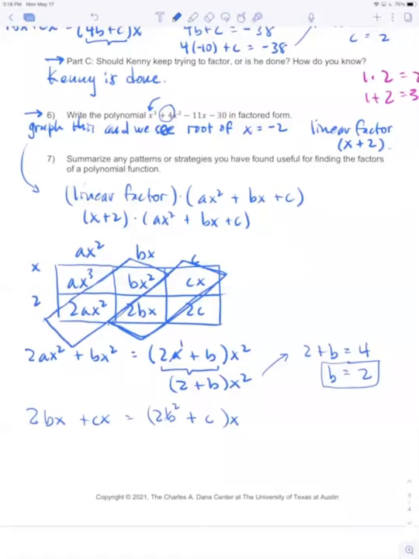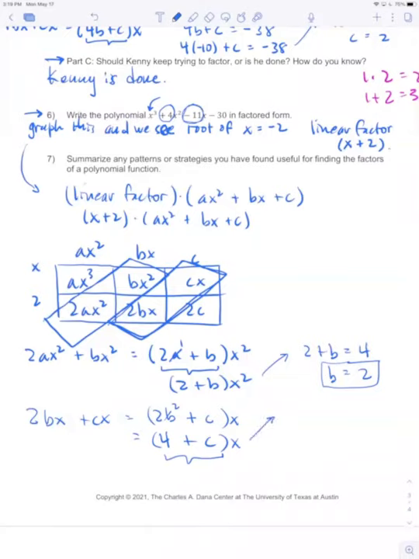So that's 2. So we're going to end up 2 times 2 is 4 plus c. This is the coefficient for the linear term. Looking up to number 6, the linear term, I'm highlighting now, just drawing a circle around the -11.